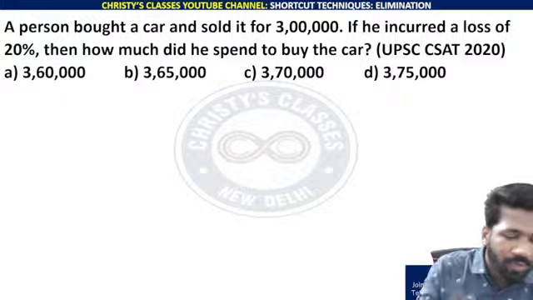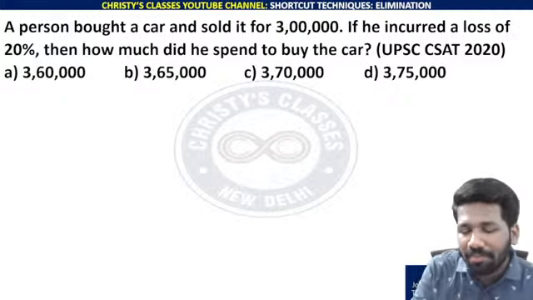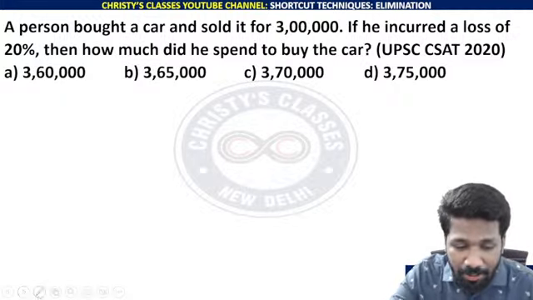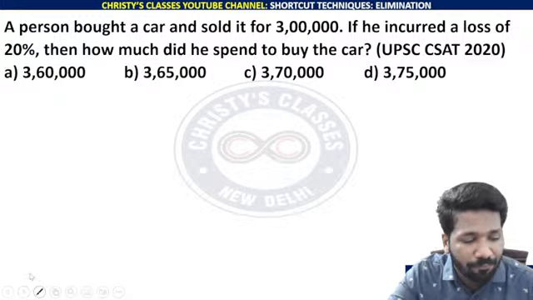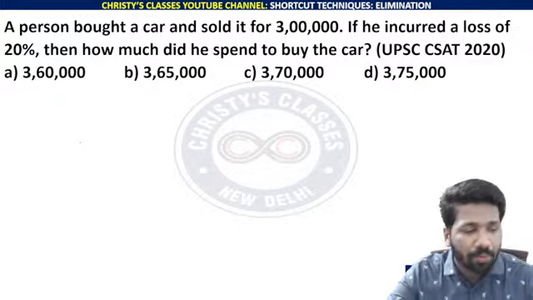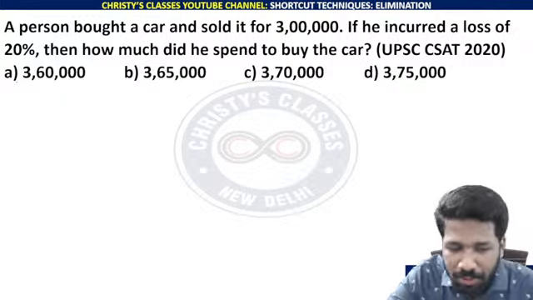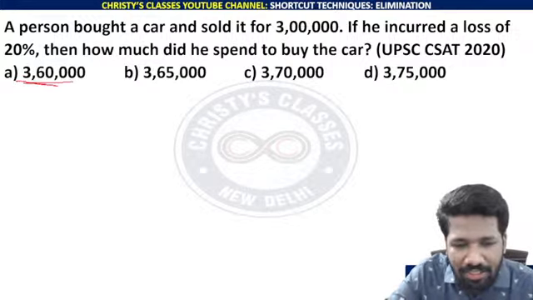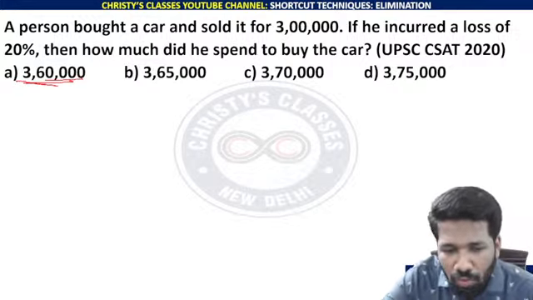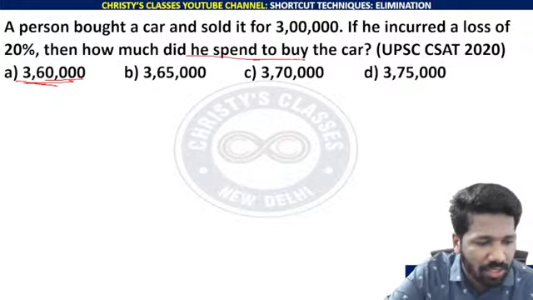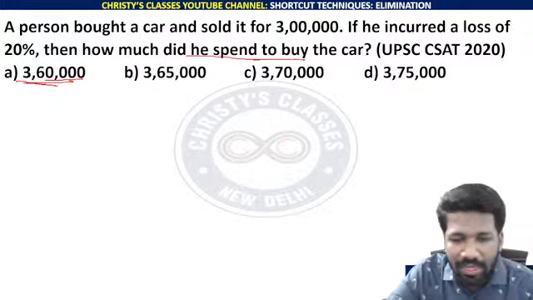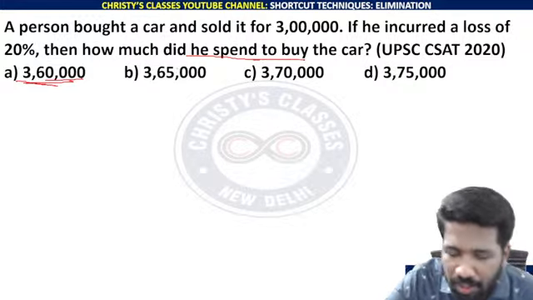But I will show you with respect to the options why that doesn't make any sense. That is what I am saying: elimination is very helpful even for understanding the question properly by substituting options. If option A is the correct answer, what is the meaning of that? How much did he spend to buy the car is the question. So 3,60,000 is the price you spend to buy the car.